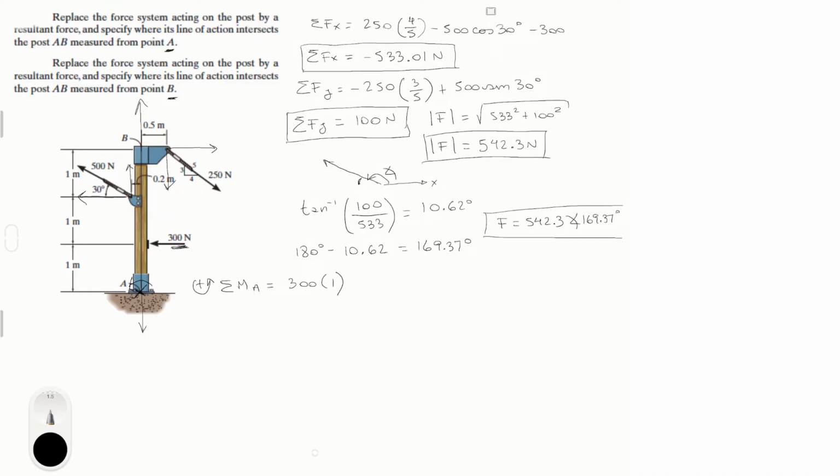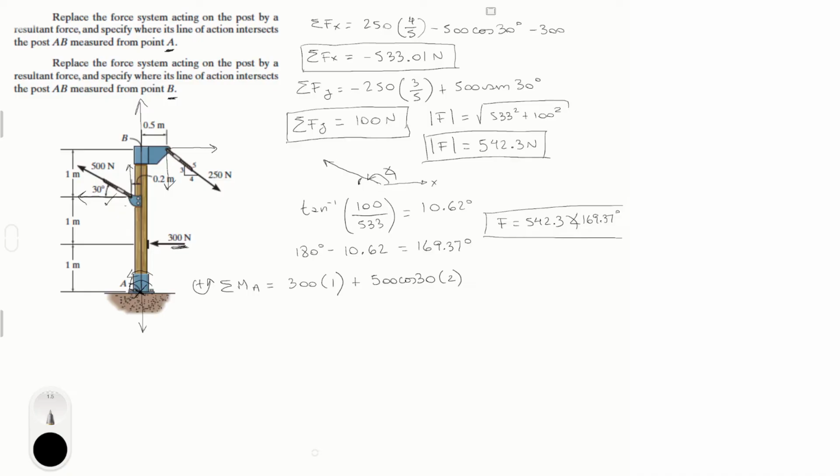and it's trying to turn the structure counterclockwise. So it's positive. The second one is the x component of this force, this one right here. The x component is 500 cosine of 30, and you have to multiply by the arm of 2. And it's also trying to turn it counterclockwise, so it's positive.